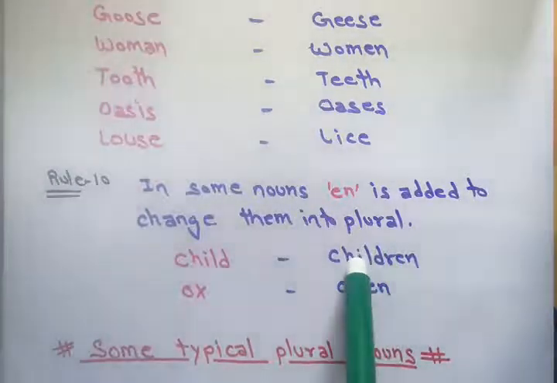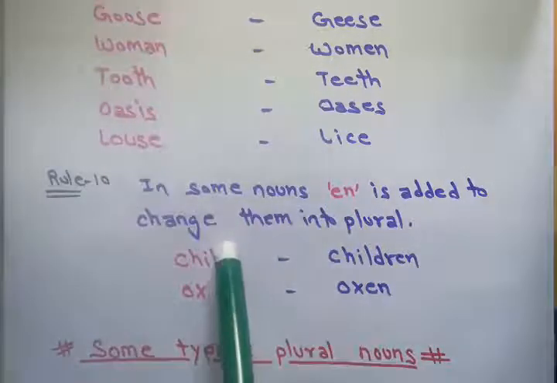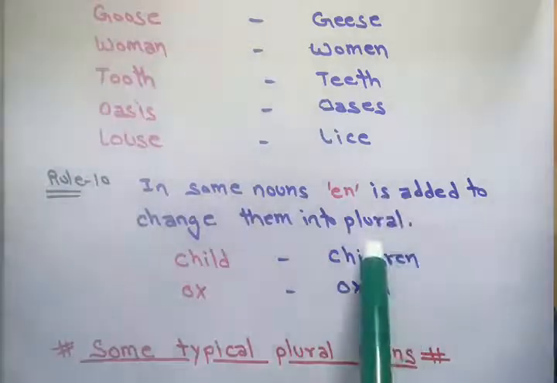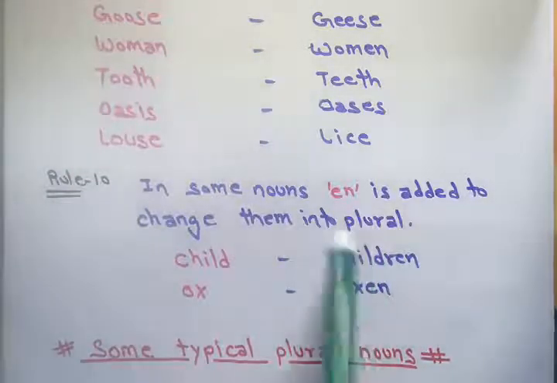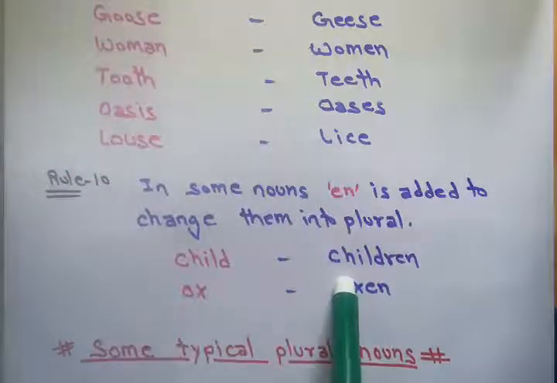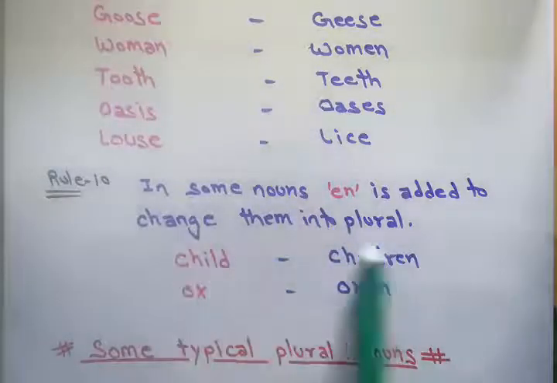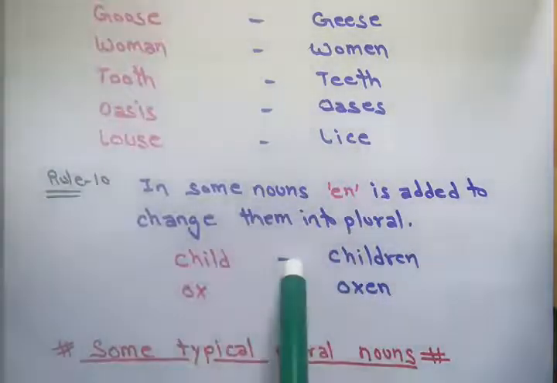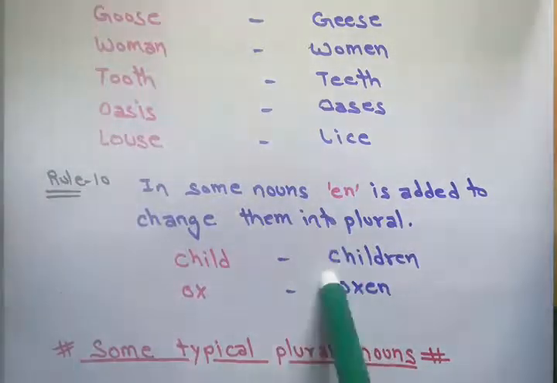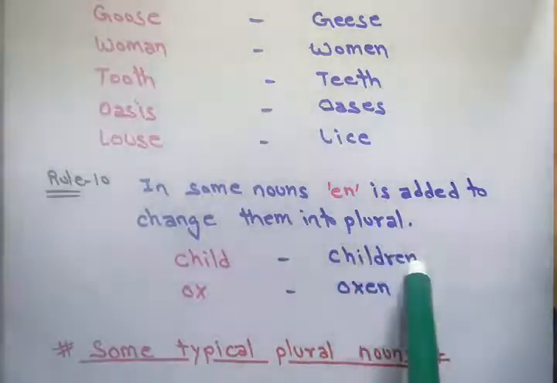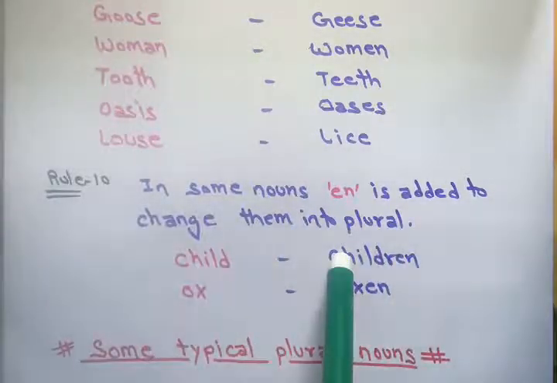So always remember, child is the singular form and children is the plural form. Ox, oxen. So these are two nouns where en is added to change into the plural form.